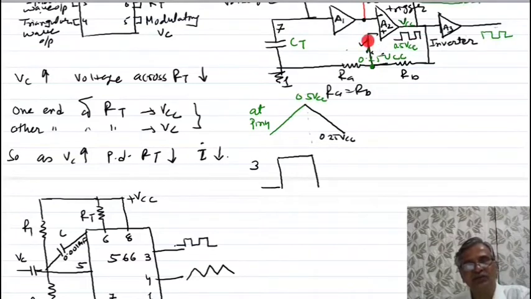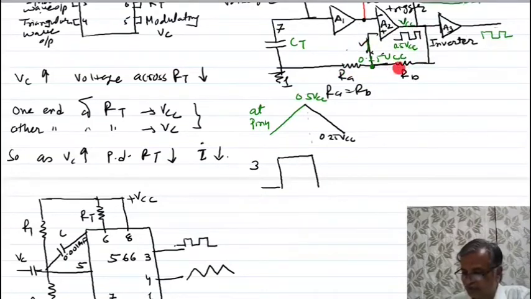At that time this voltage is 0.5 VCC, and as this becomes slightly more than 0.5 VCC, immediately the output will be negative. Negative means low. Low means 0.5 VCC. I already told you the Schmitt trigger is designed in such a way that the output swings between VCC and 0.5 VCC.